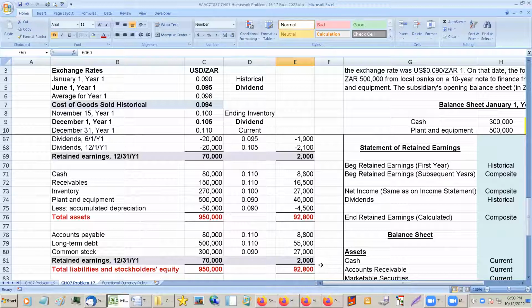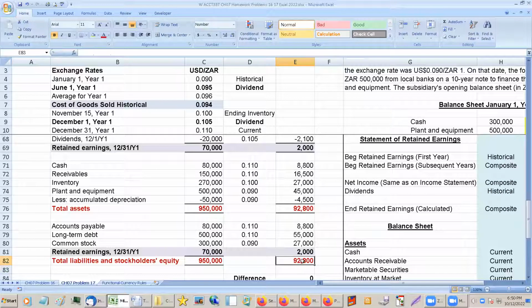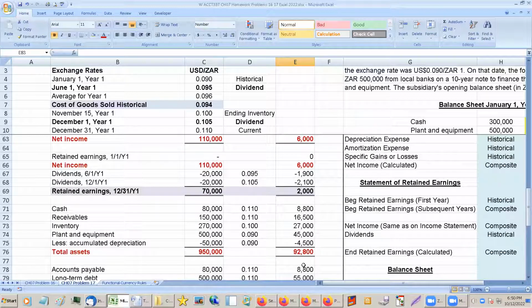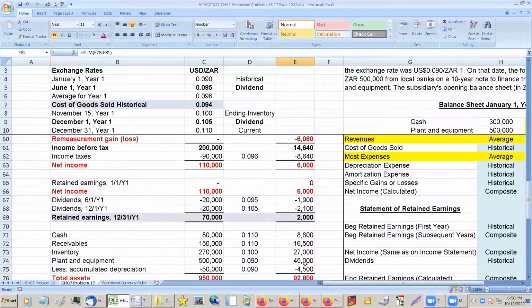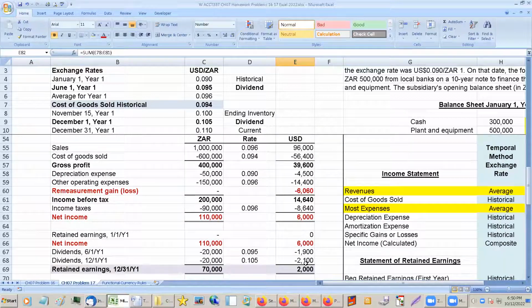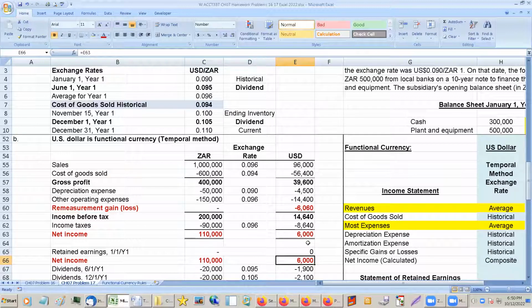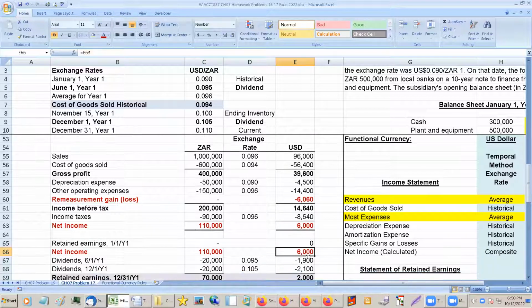It's just easier to do the whole thing and then figure it out. And those two equal now, oh, good. So our retained earnings will change too, because again, the income dropped from whatever it was, 12,060 to 6,000.